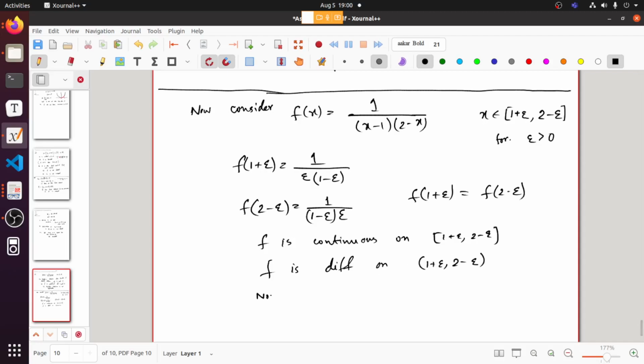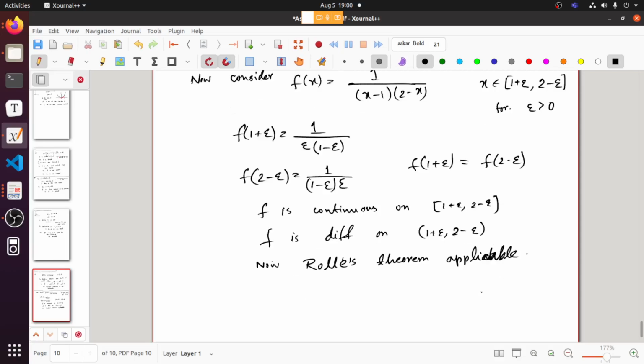So Rolle's theorem is applicable. Then you can say that there will exist an x between 1 plus epsilon and 2 minus epsilon such that f dash x will be 0.